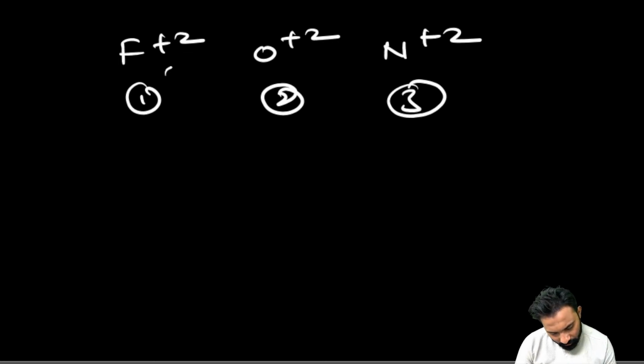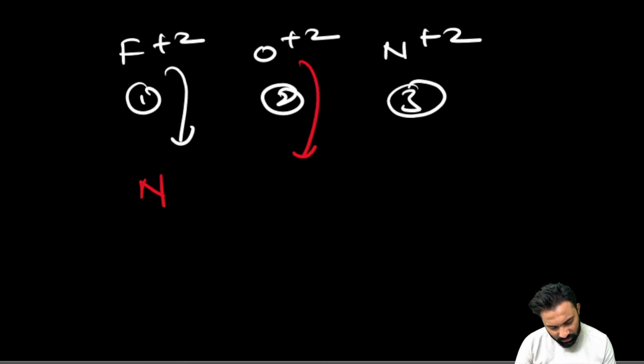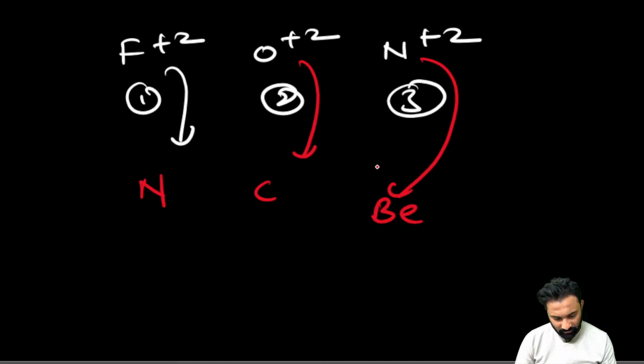Now here F plus 2 means it has reached the nitrogen configuration. O plus 2 means it has reached carbon. N plus 2 means it has reached beryllium. Nitrogen has a higher ionization energy than carbon, right?